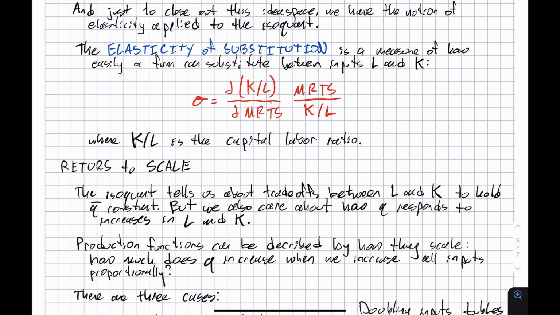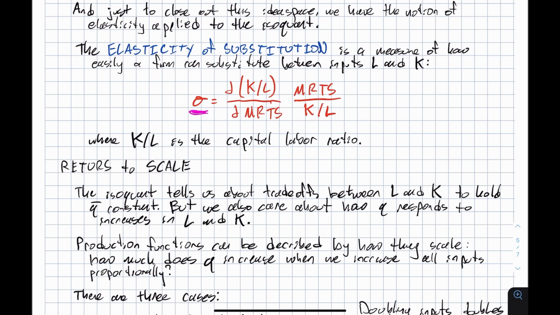Okay, so the elasticity of substitution is really just the idea of substitution across our inputs. So here, we're using this notation just because we're in the world of firms. All we're doing is taking the derivative of K over L with respect to the marginal rate of transformation.